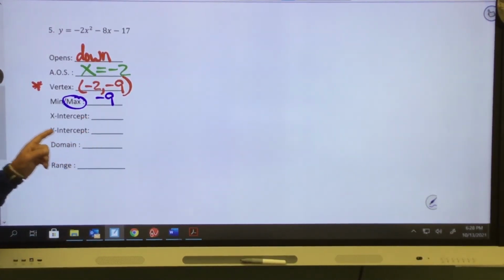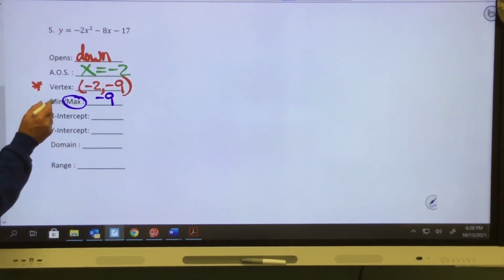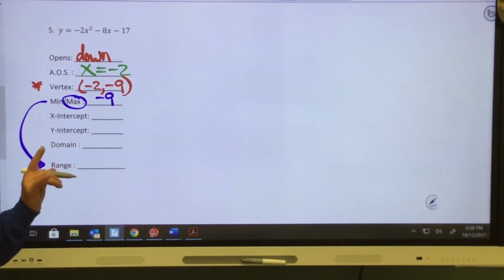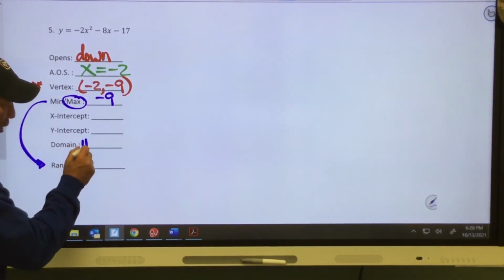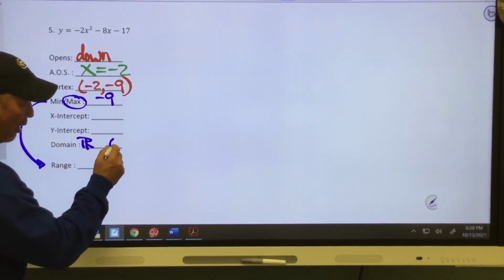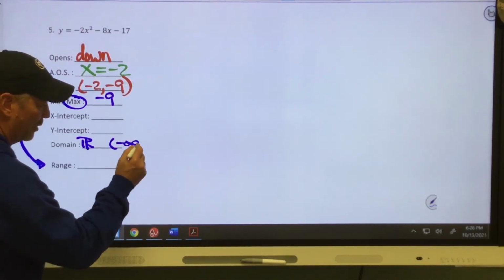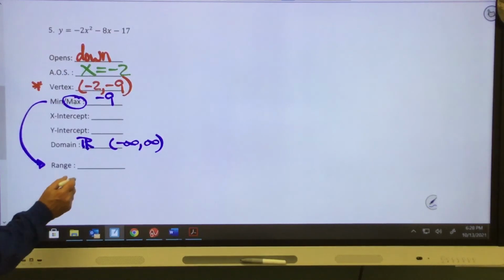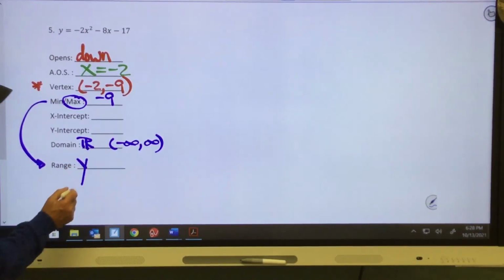We also said this maximum is going to help us with our range. We know that the domain, no matter what, is going to be all real numbers, -infinity to +infinity. My range is going to talk about my Y values.